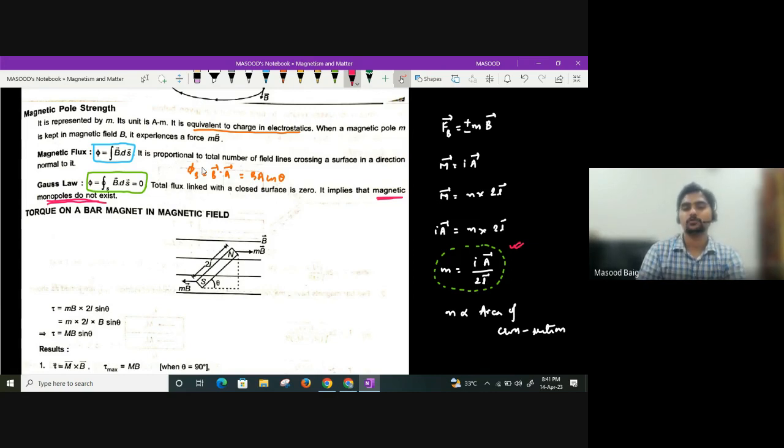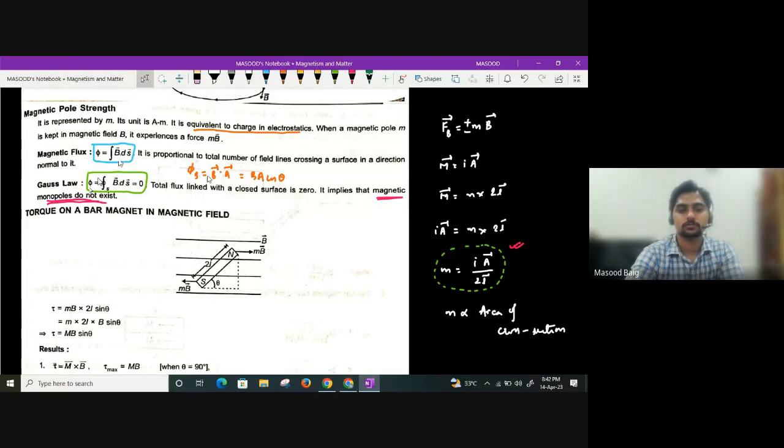If you have a uniform magnetic field, then I can write magnetic flux as B bar dot A bar, which is BA cos theta. If you have a non-uniform field, then I am going to make use of integration. And what did Gauss say, guys? Whenever you take a closed surface and place it in a uniform magnetic field, the flux associated with that surface will always be zero. Clear?